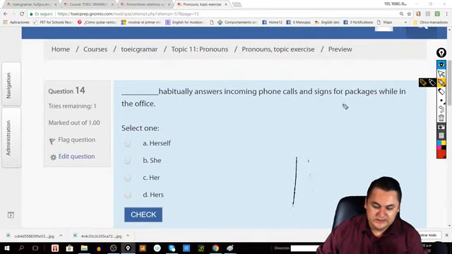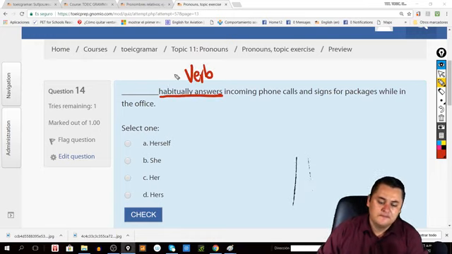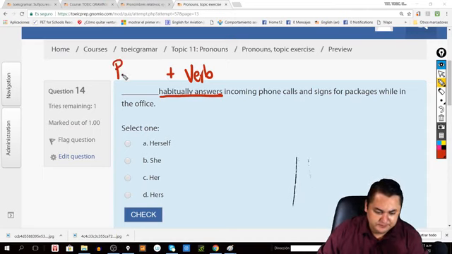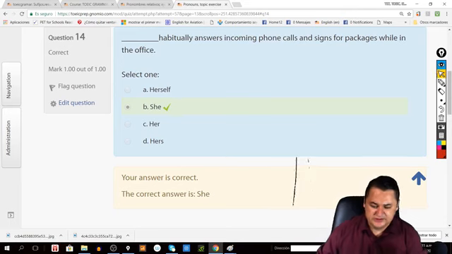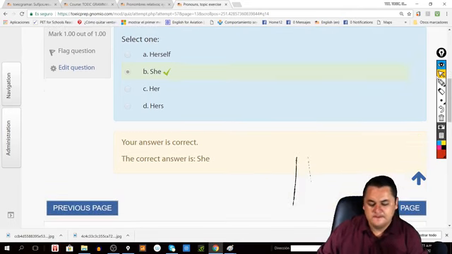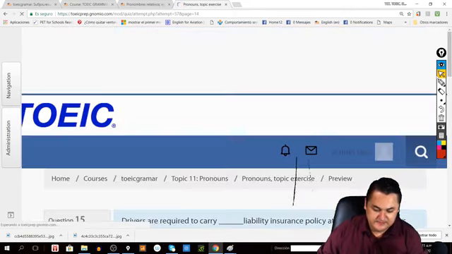Now, in this case, habitually answers is a verb, an action. If I have a verb before, I'm going to need a personal pronoun. That's why my answer is she. She habitually answers incoming phone calls, etc.